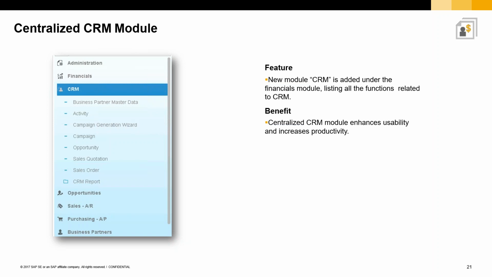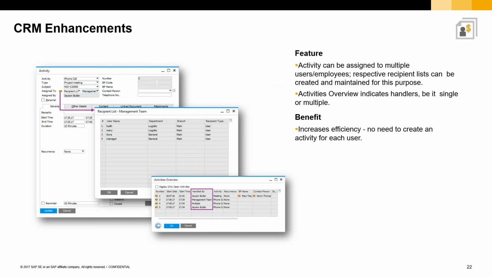So now all these options are categorized under one new module called CRM, which includes all these features. So we have the campaign, opportunity, sales quotation, sales order, but there's no new feature related to the CRM. It's just the categorization, putting all the functions related to the CRM together.